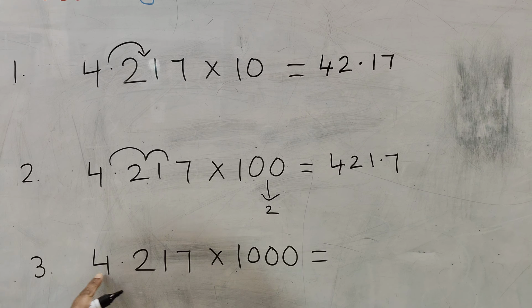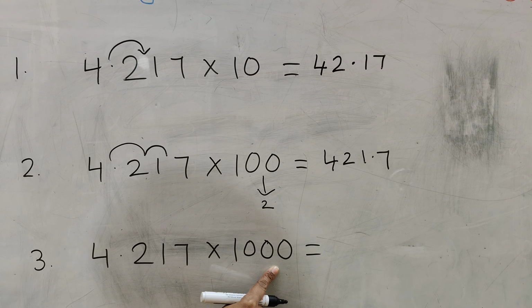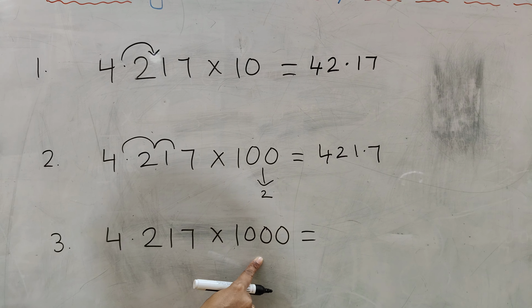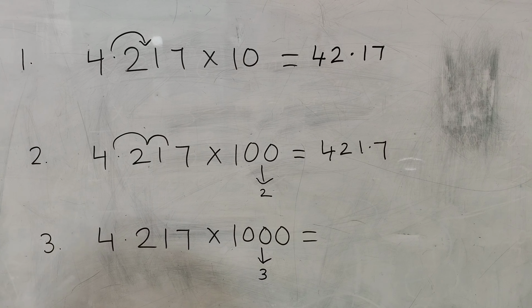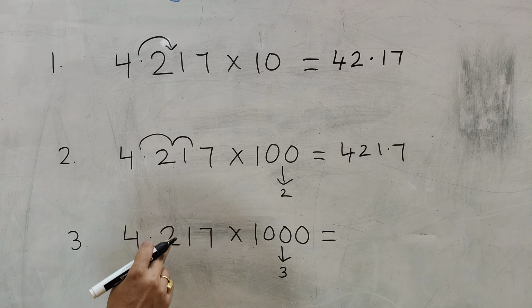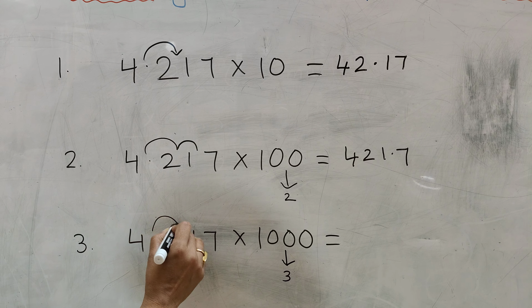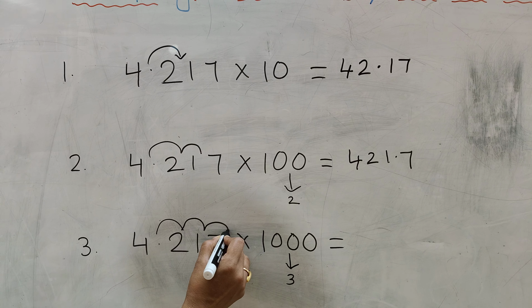Now we see the third one, 4.217 multiplied by 1000. You see the multiplier has how many zeros? Three zeros. So what are we going to do? We are going to move the decimal point to the right three places. So let's count 1, 2 and 3.